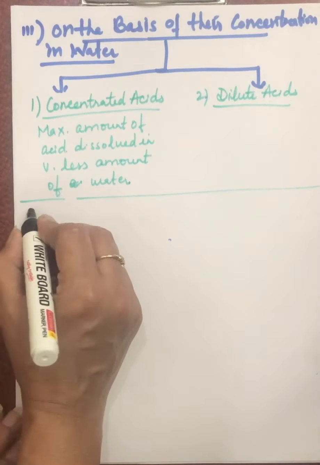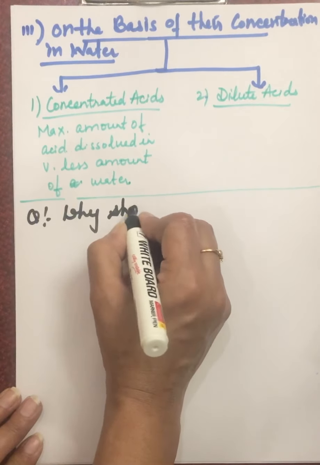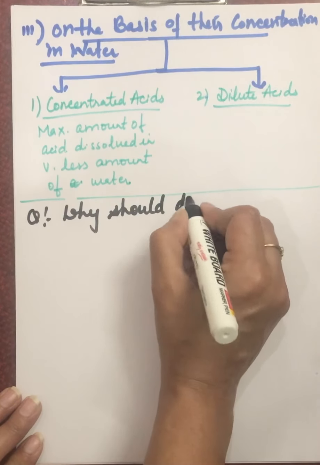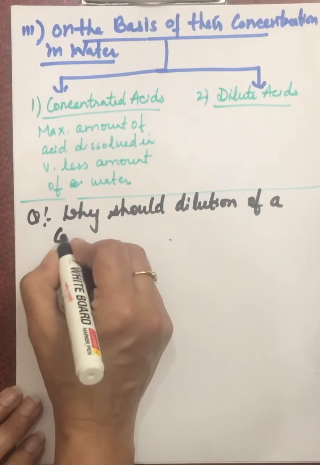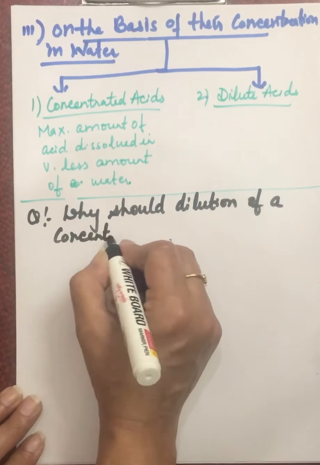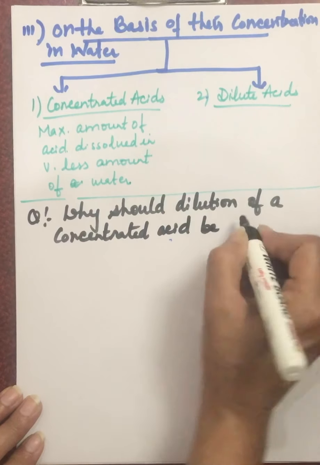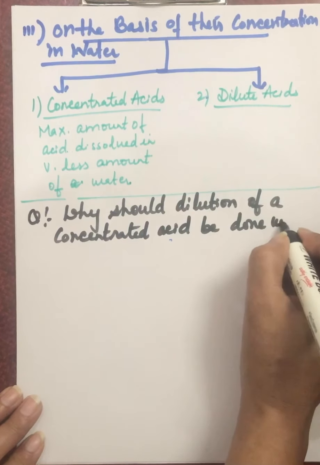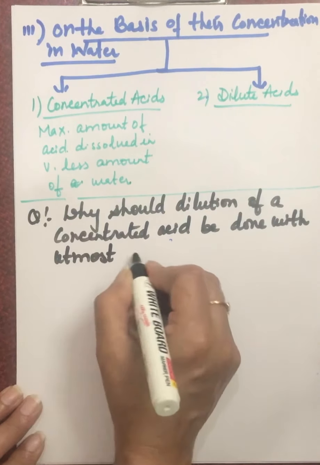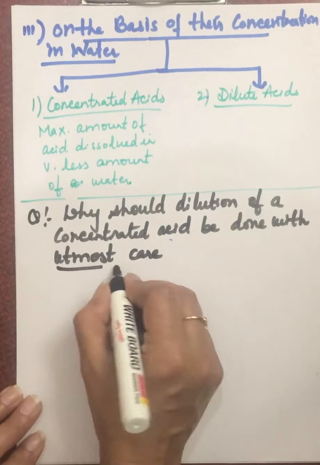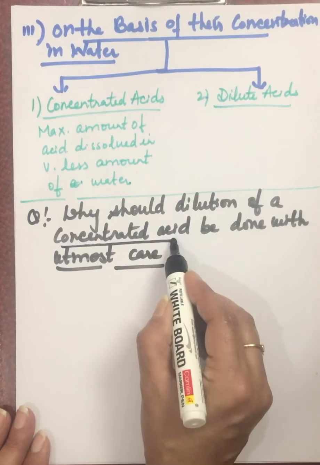After this, now there's one question. Why should dilution of a concentrated acid be done with utmost care, when we are diluting a concentrated acid by adding water into it?